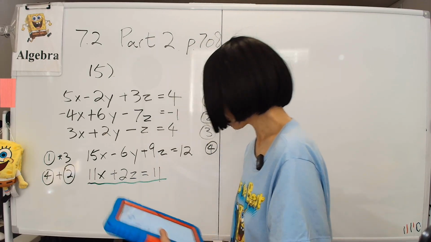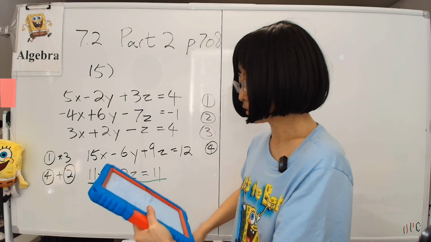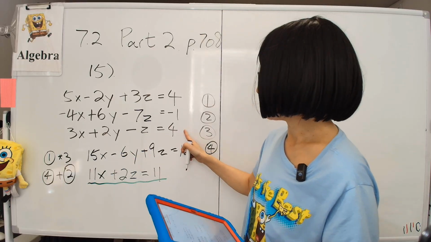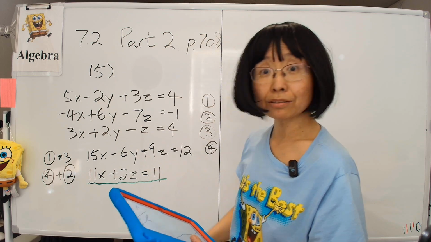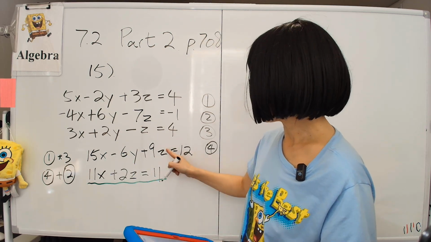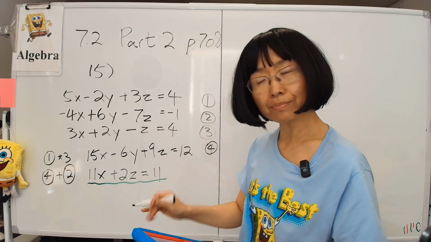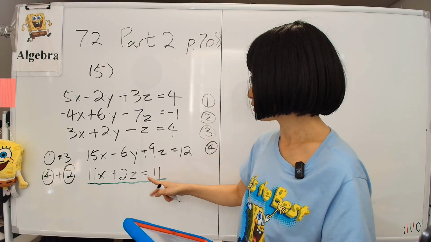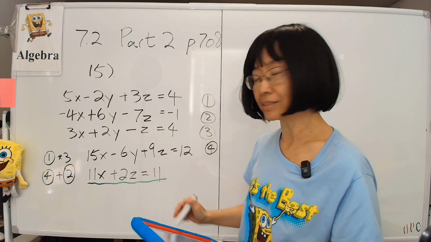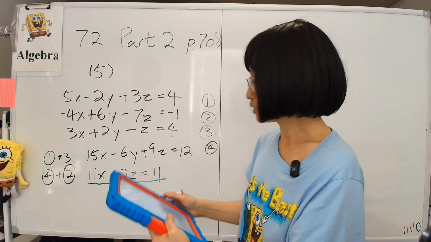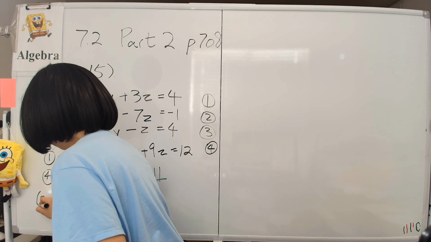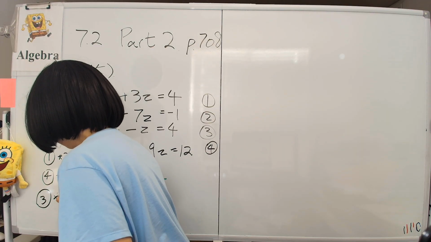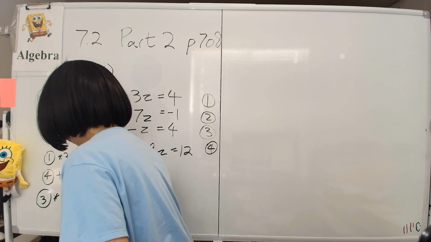Next, we're going to take equation 3 times negative 3. The reason is that we're still eliminating y. For both equations we're eliminating the same variable, in the hope that we have a 2 variable, 2 equation system left. So equation 3 needs to be multiplied by minus 3.